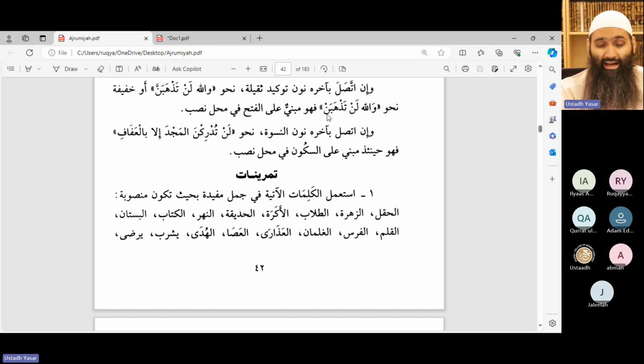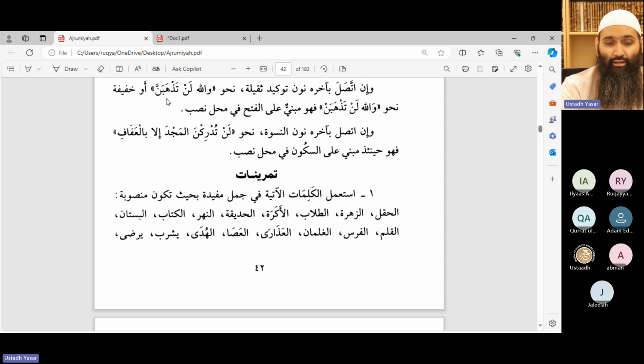Anyway, in either situation, whether it's noon tawqeed thaqila or noon tawqeed khafifa, the main thing is if noon tawqeed is at the end of a fi'l mudari, and before it there is a nasib, something that makes it mansoob, like lan, then it is mabniyun ala al-fath.